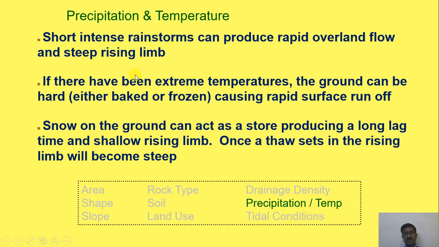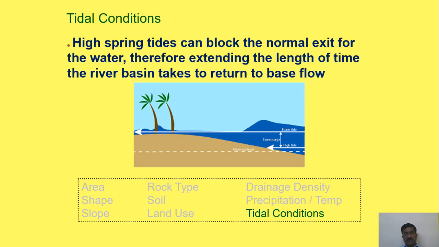So what kind of precipitation is there in that area? Based on that, the nature of the hydrograph depends, and temperature is also going to affect the nature of the hydrograph. Then in tidal conditions, higher spring tides can block the normal exit for the water, therefore extending the length of time the river basin takes to return to the base flow.